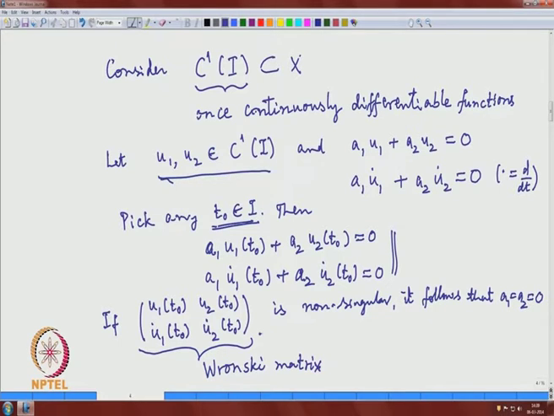And its determinant is called the Wronskian. So, we will introduce some notation: the Wronskian of U1 and U2 at t equal to t0. So, let me just again write that.